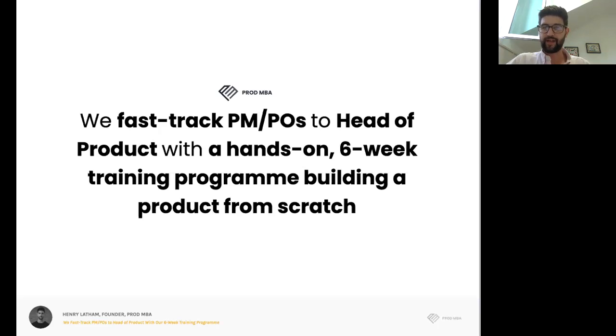Here's a couple of examples of how we use it and then how other companies use it. Ours is, for example, we fast track PMs to POs, so our niche, desired outcome, head of product, and what that represents: autonomy, purpose, increase of salary, status, these kinds of things. And then just a simple offer. It could just be a hands-on 6-week training program, building a product from scratch.